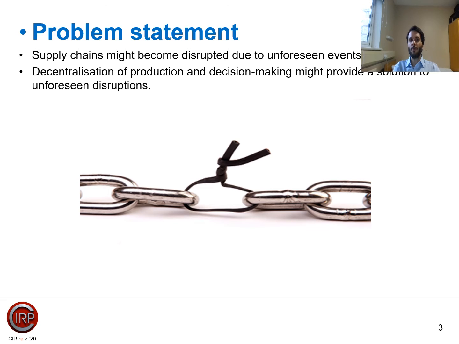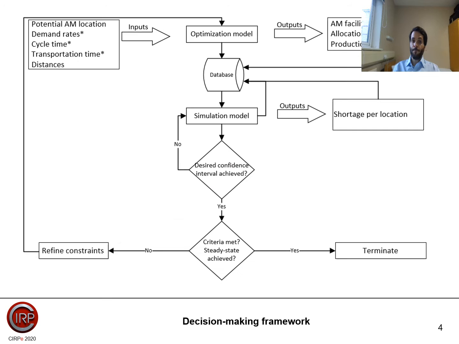Therefore, in this paper, a framework for the design of redistributed manufacturing networks that enables the localization of production in affected areas so that these areas are not isolated is developed. The framework consists of interacting optimization and simulation models that operate in an iterative manner.